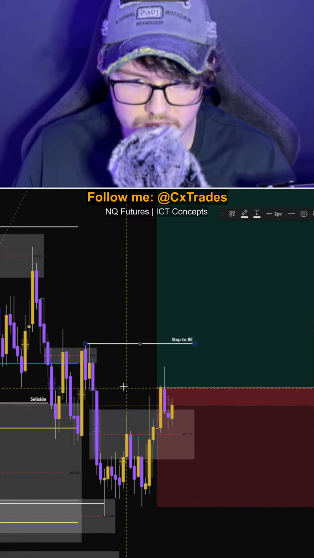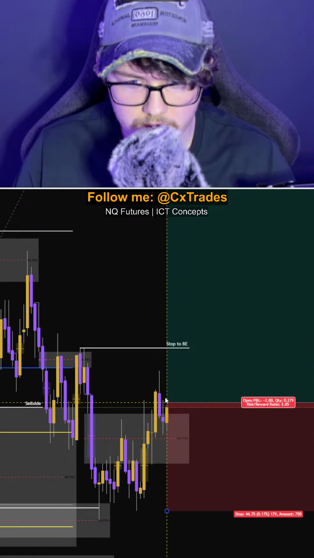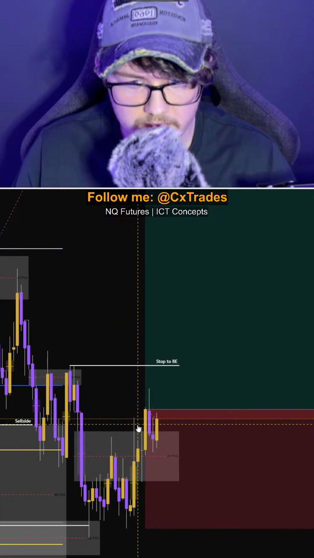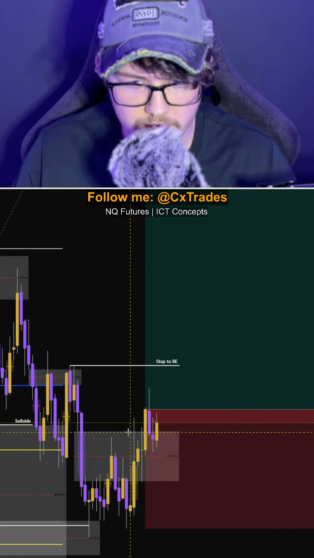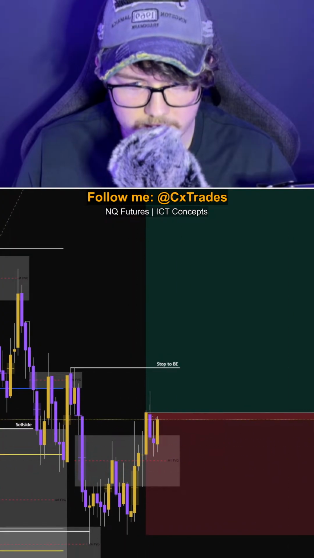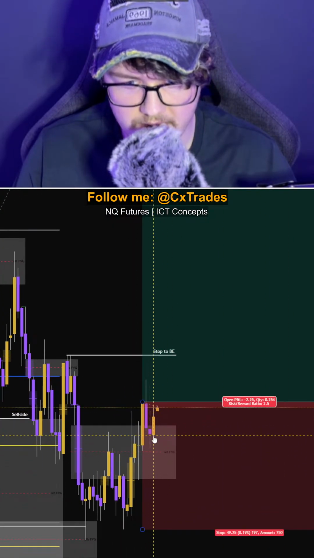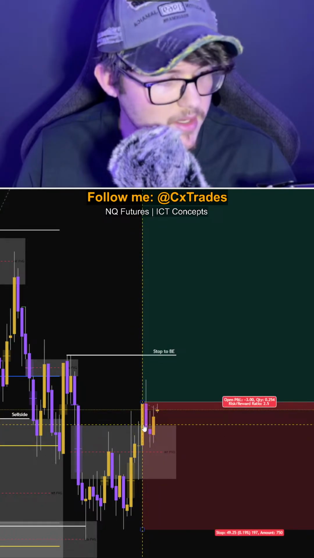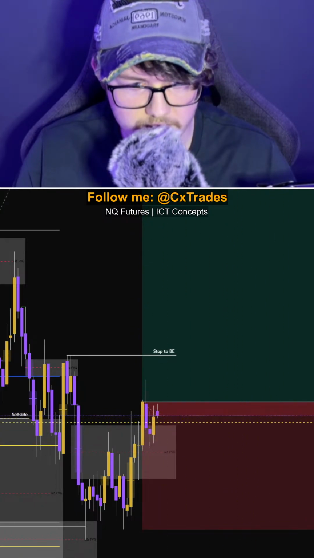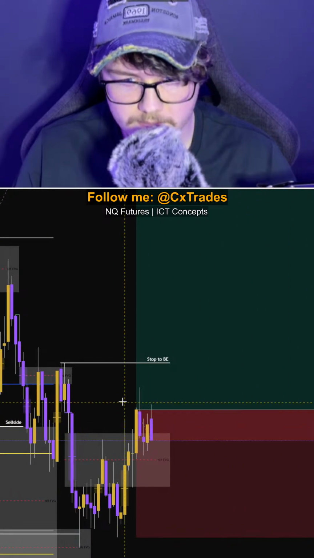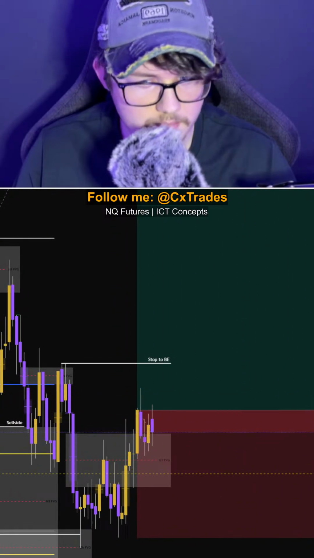But price is moving so slow that I'm contemplating whether this is even worth sitting in. I want to see some sort of reaction pretty quick, to be honest. In other words, if we close bearish below this candle, I'm just going to close the position because it's going to indicate chop to me, and I'd rather lose a tiny bit of money than sit and chop. Like right now, for example.